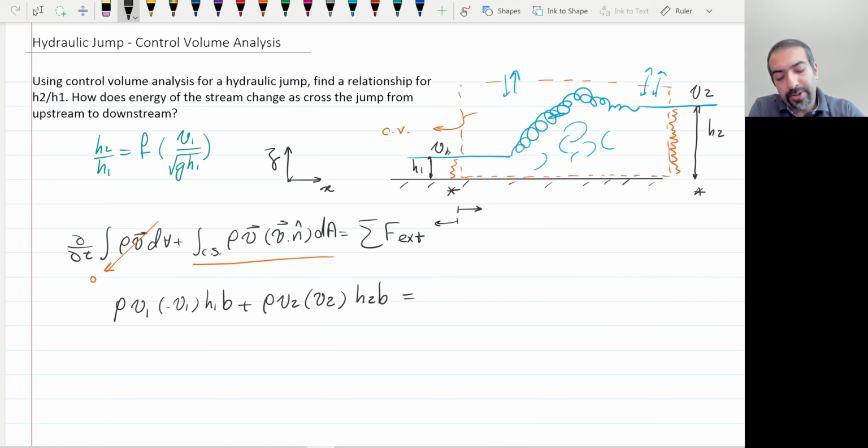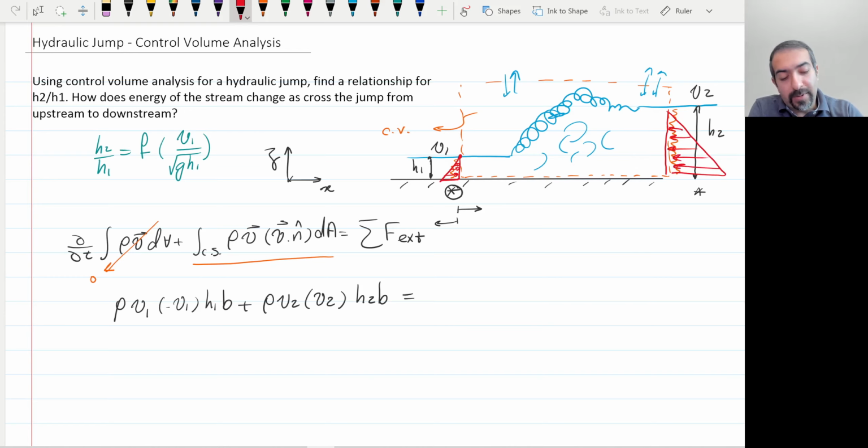Now there's a pressure here in the upstream, and assuming that the atmospheric pressure is zero, where we're talking about the gauge pressure, we know that the pressure here is hydrostatic, right? So pressure is zero on the surface and then keeps increasing as we go down. And the same story here, pressure is hydrostatic, with the same slope. So it starts from small and then it increases.